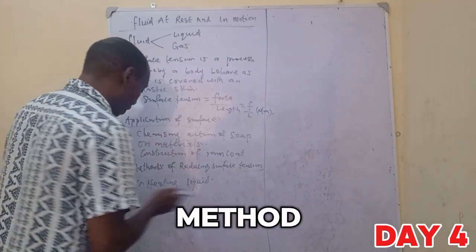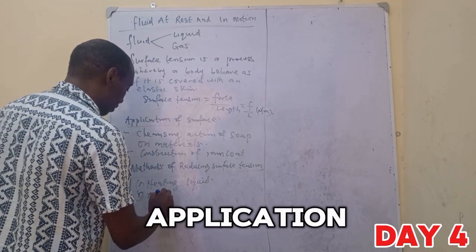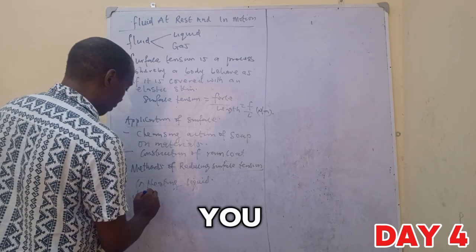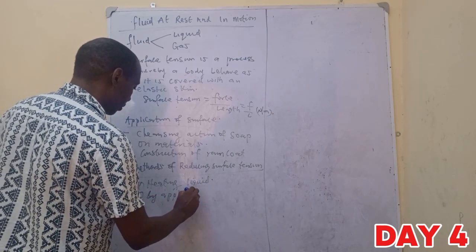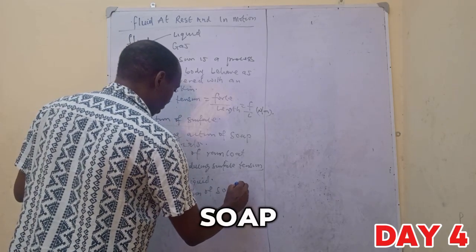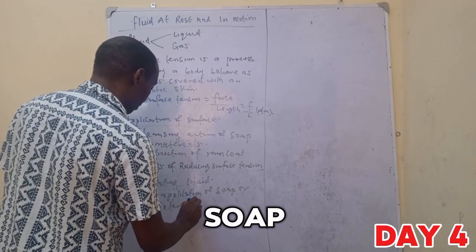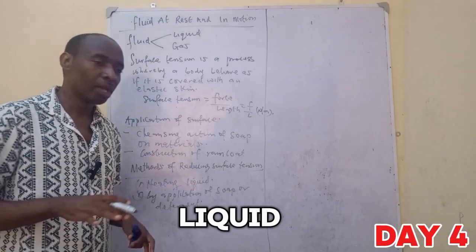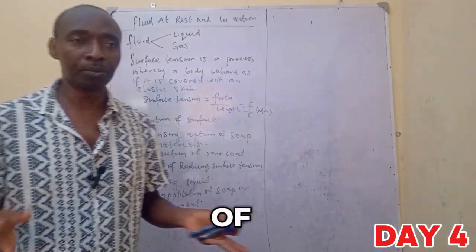Another method you can use to reduce surface tension is by application of soap or detergent. When you apply soap or detergent to a liquid, it helps to lower the surface tension of the liquid.